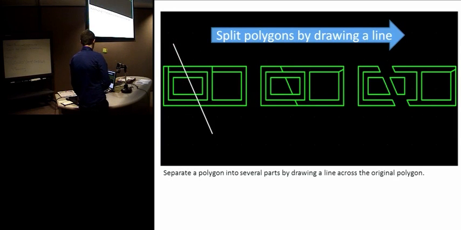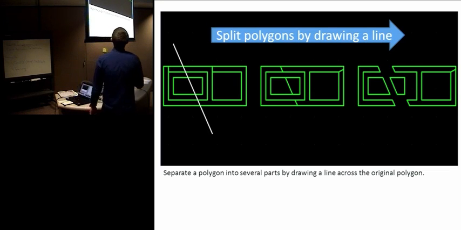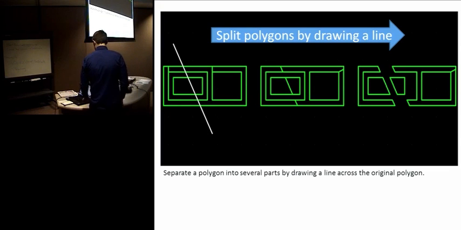This split feature, we're able to split a polygon by drawing a line through it. So once you create this line, it will just create a boundary on the edge and create the separate entities.